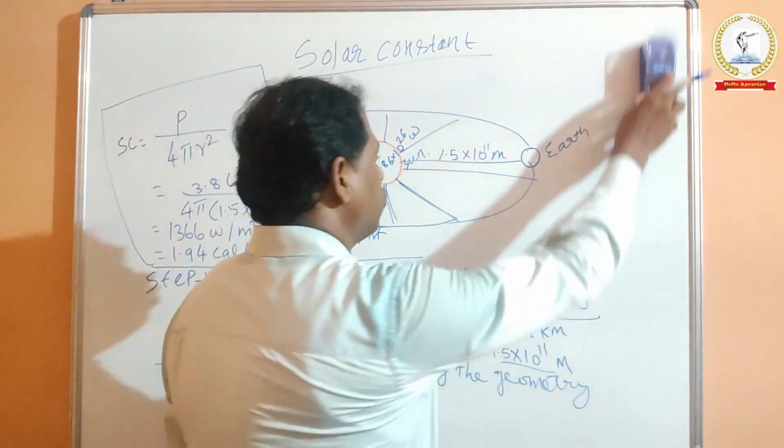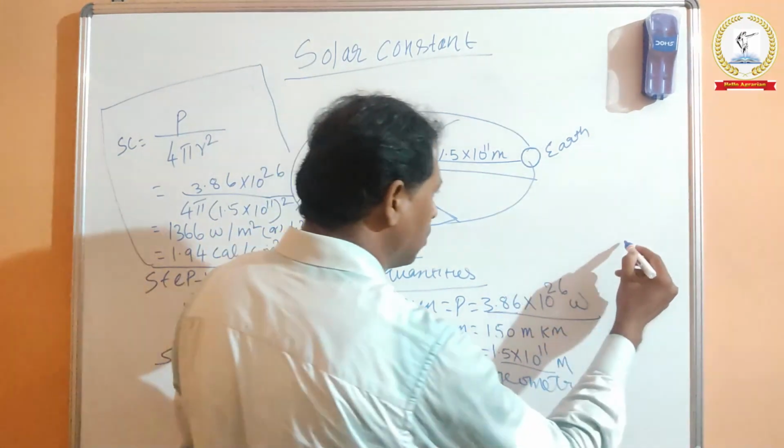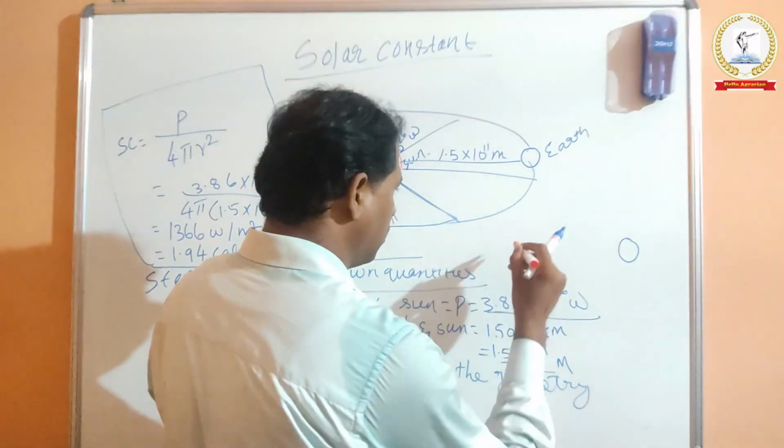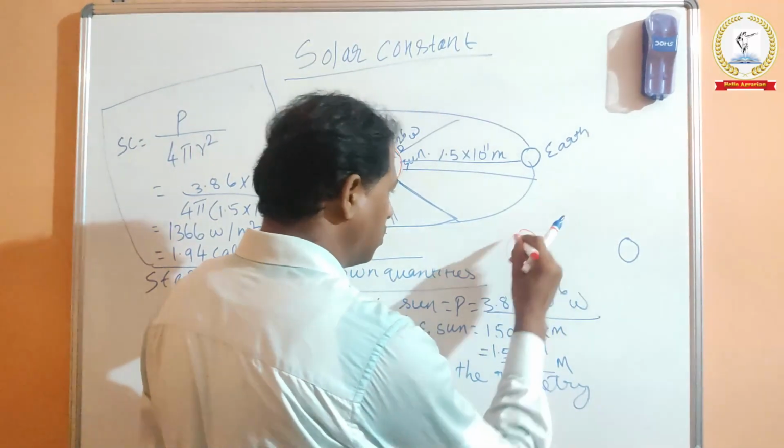For example, suppose this is the earth and this is the sun.